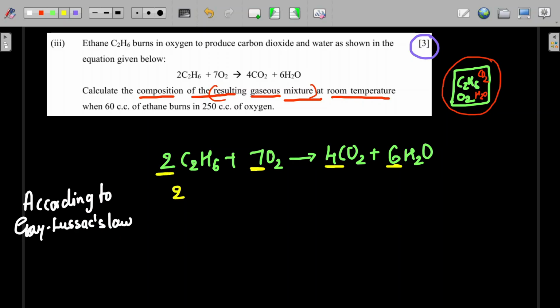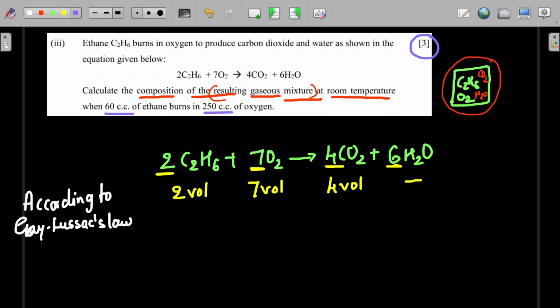So here for 2 volume, 7 volume, 4 volume, and for water, don't take anything because at room temperature it will be liquid, so you should not find it. Next, you have to find everything which is gas. Now for 60 cc, what is given? 60 cc of ethane, 250 cc of oxygen.